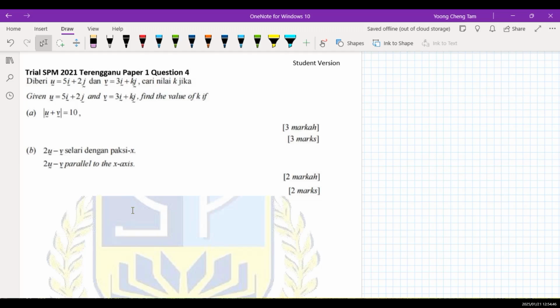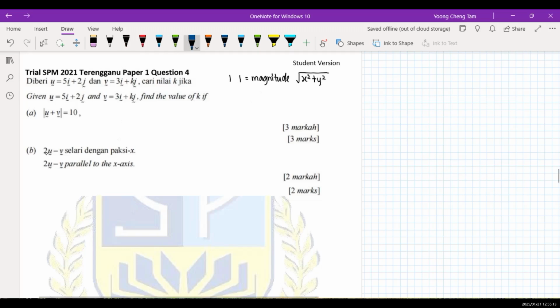So again, the meaning of modulus is magnitude, and the formula is square root of x squared plus y squared. So modulus is called magnitude, and the formula is square root of x squared plus y squared.